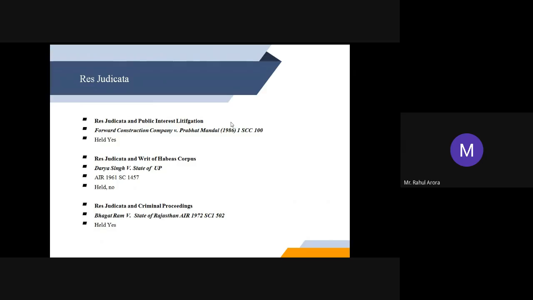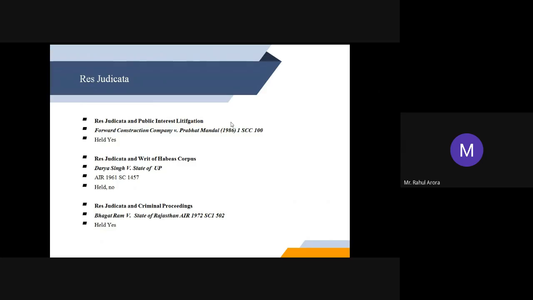But with regard to criminal proceedings, there is the case of Bhagat Ram versus State of Rajasthan, AIR 1972 Supreme Court, wherein, after looking into the arguments of the parties and the law laid down under section 300 of CrPC, the court took the view that yes, it would be applicable.